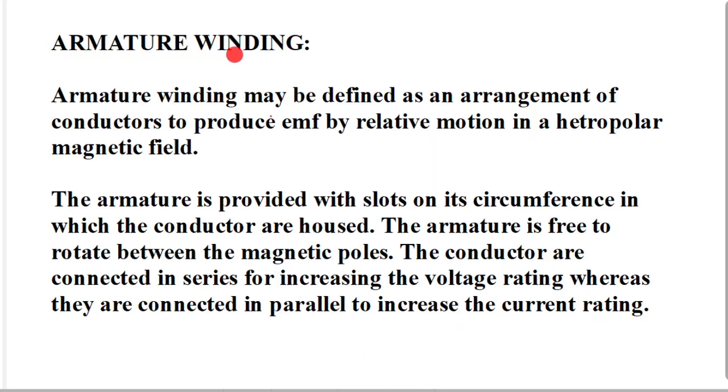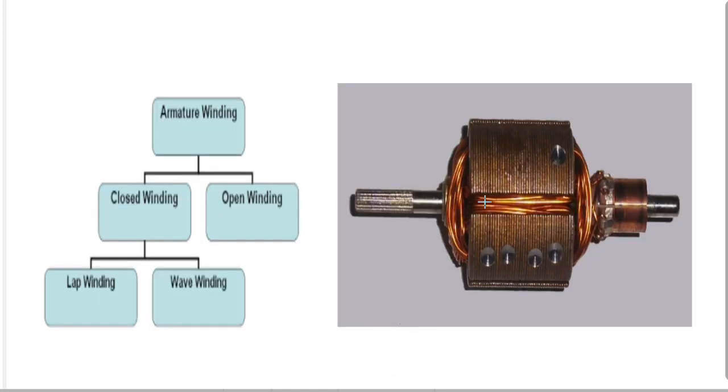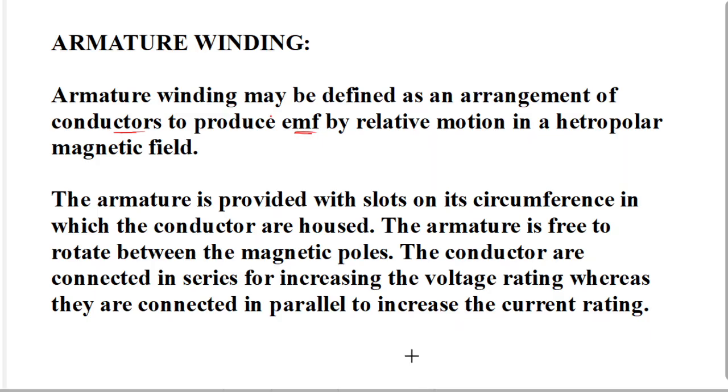Now, what is armature winding? Armature winding may be defined as an arrangement of conductors to produce EMF by relative motion in a heteropolar magnetic field. Here you can see the arrangement of conductors; all of these conductors together are called armature winding.